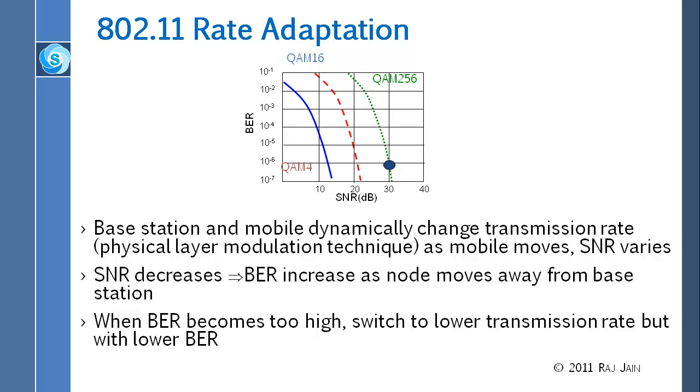10 raised to minus 7, 10 raised to minus 6, 10 raised to minus 5, and 10 raised to minus 1 is 0.1. Every 10th bit would be bad. So that's really bad, right? You really don't want to run there. You want to run somewhere around 10 raised to minus 3 or lower.